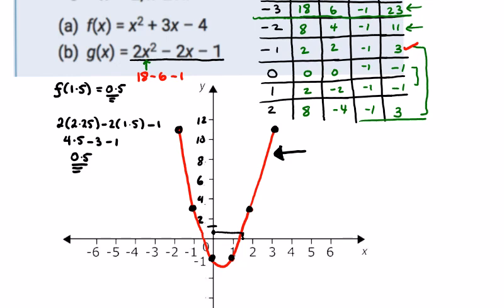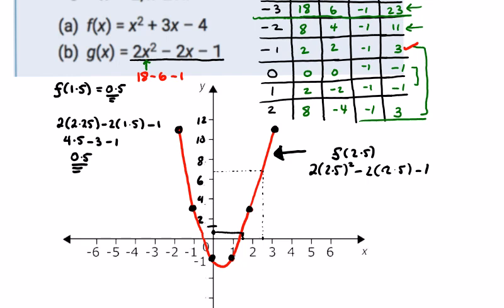Let's try one more. Let's try f of 2.5, first from the graph. Looks like approximately between 6 and 8. So let's work it out to see how accurate our graph is. 2 by 2.5 squared, minus 2 by 2.5, and minus 1.